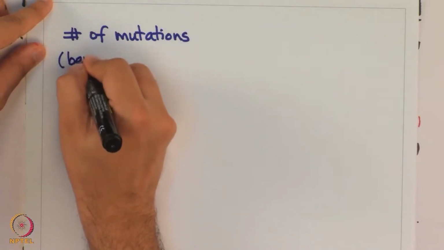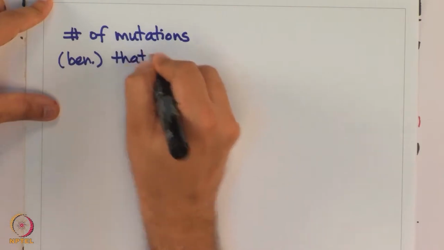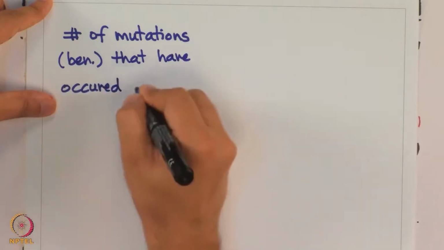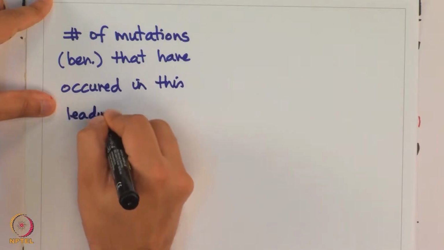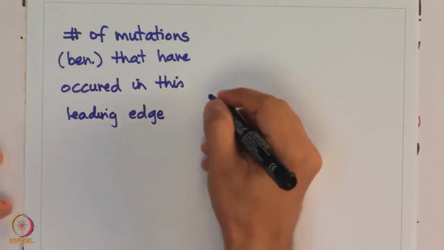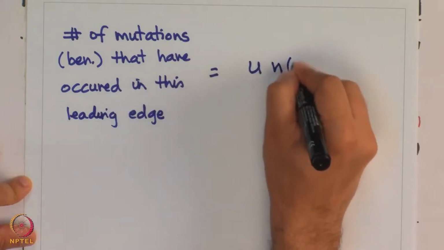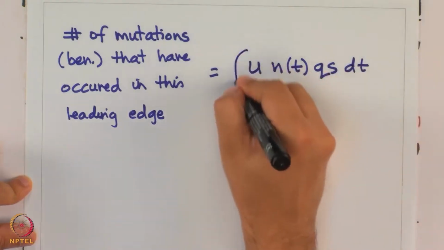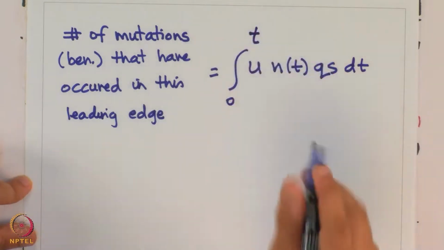So the number of mutations which are beneficial that have occurred in this leading edge is equal to the integral of U NT QS dt from 0 to tau, let us say t.